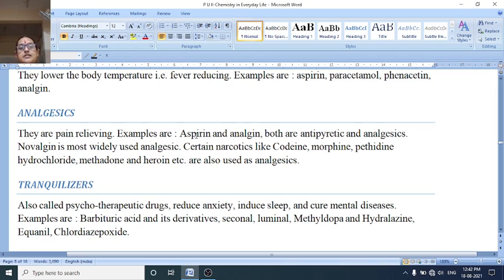The drugs are aspirin, analgin, both are antipyretic and analgesic. Then Novalgin is the most widely used analgesic. Certain narcotics like codeine, morphine, pethidine, then hydrochloride, methadone, heroin are also used as analgesic.